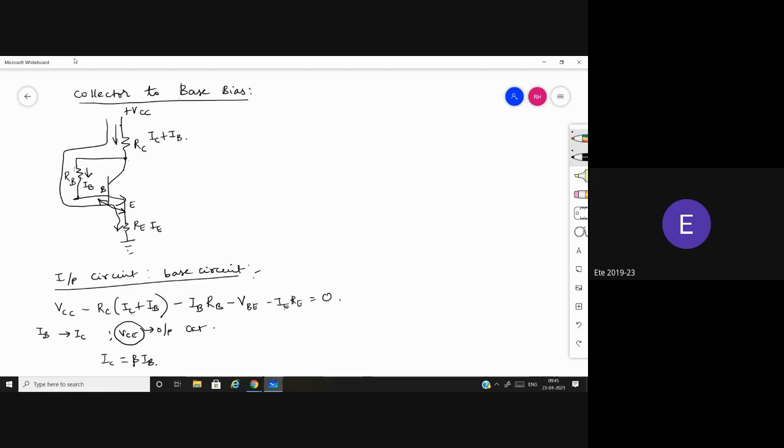So now this becomes VCC minus RC into (beta IB plus IB) minus IB RB minus VBE minus IE RE. Coming to this IE, we need to write it in terms of IB. For that, we have our basic formula, IE is equal to IB plus IC.